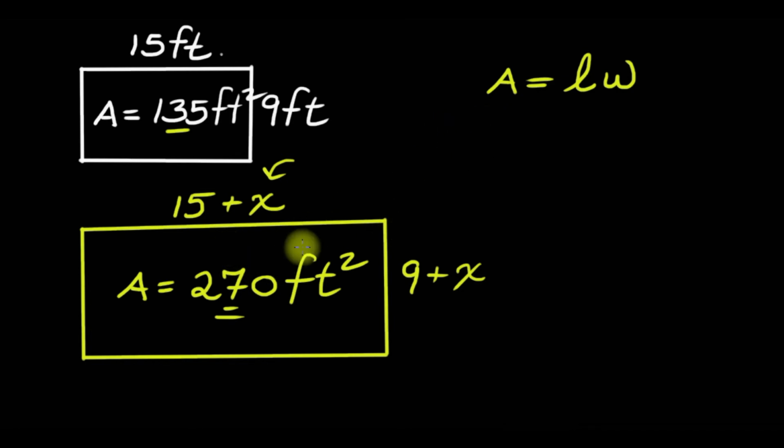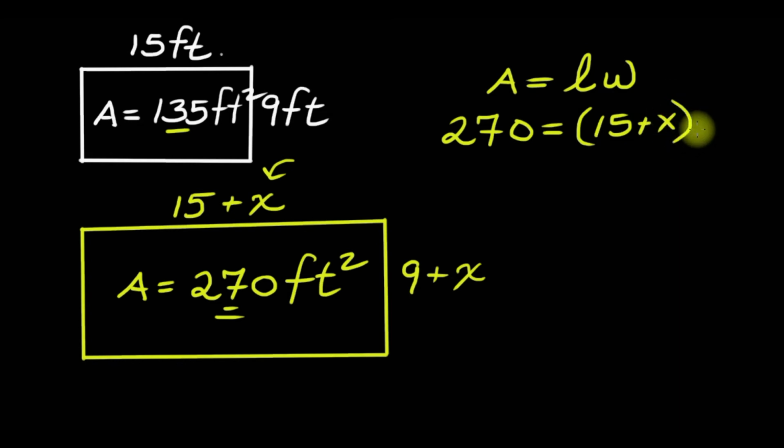So according to this one, we have the area is 270. Your length is 15 plus x. And then your width is 9 plus x. Using the formula, we're able to set up the equation that we can solve and find out what x is.